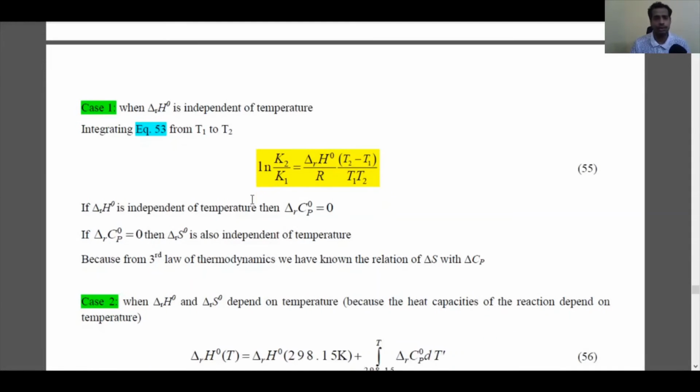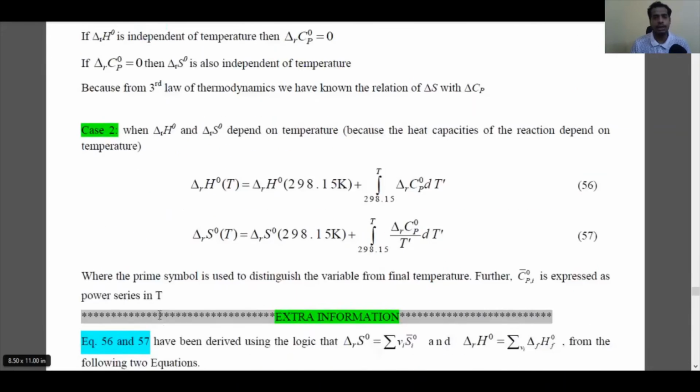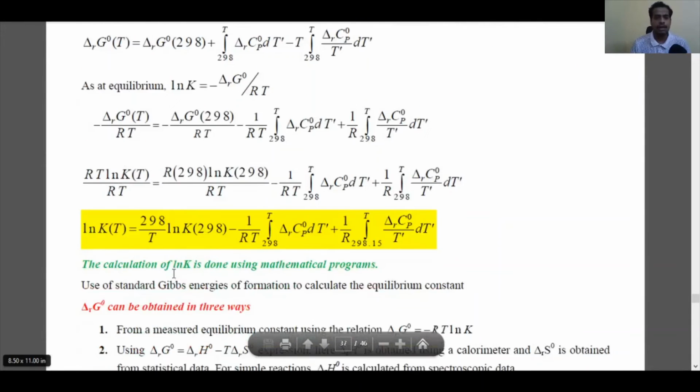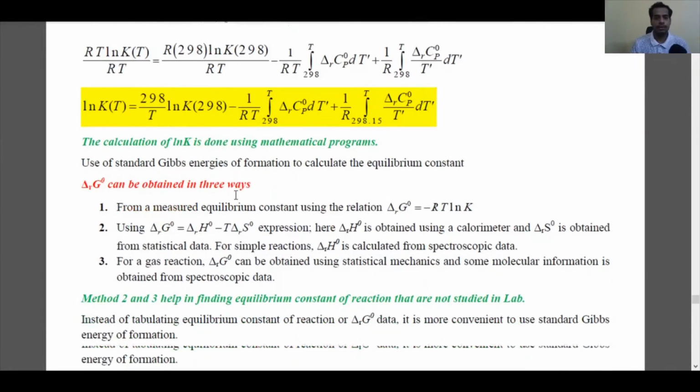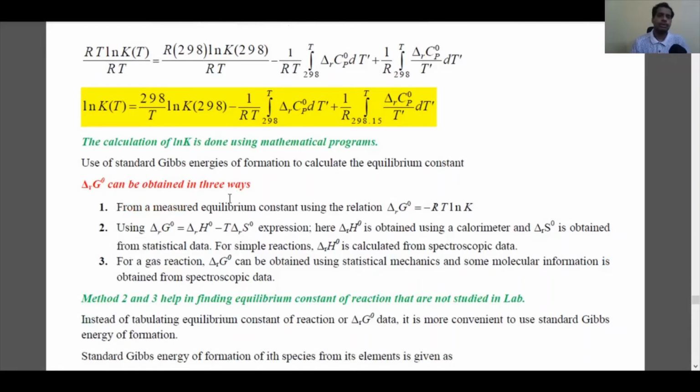But in the second case, the reaction enthalpy and reaction entropy are both dependent upon temperature. The final expression looks a bit tricky, and that is solved using mathematical programs. So this is all about Van't Hoff's equation.